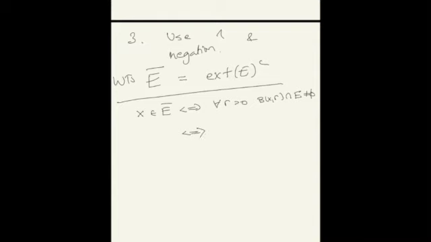Well, this is the same thing as saying that there does not exist an r so that B(x, r) is contained in E complement. Because every ball intersects E non-trivially, no ball is contained in the complement.